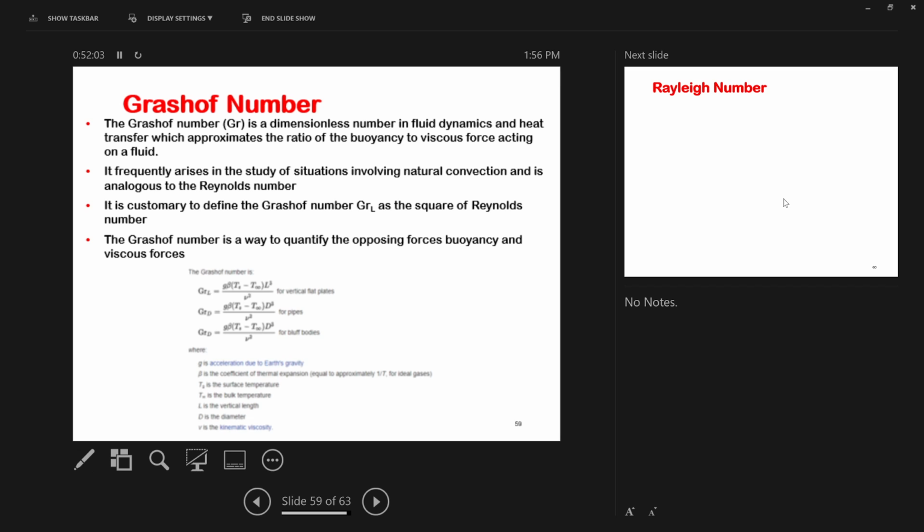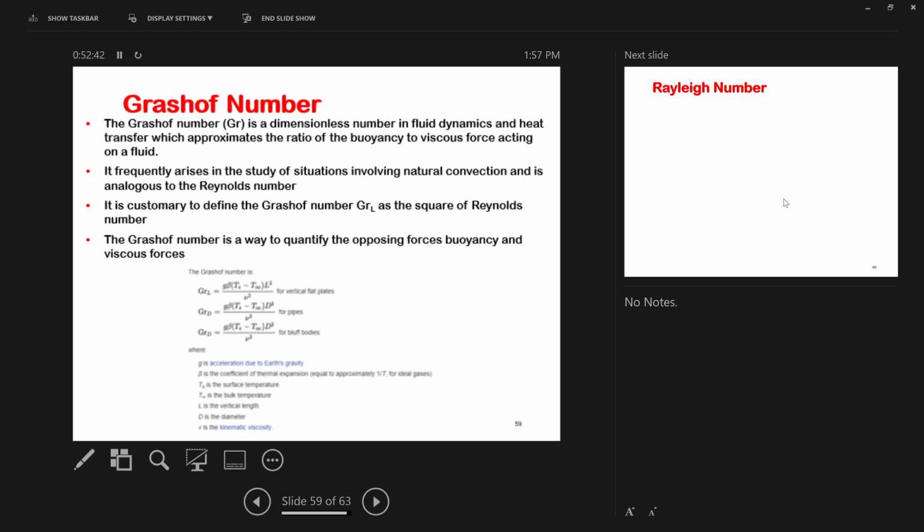But if you are dealing with a sphere or some sort of non-flat plate, a circular plate, you have to use d to the third over nu squared, kinematic viscosity, and any type of bluff body that is not a flat plate, you use the same equation as the circular one. You just have to find an equivalent diameter. But our experiment is actually going to use a flat plate, so you don't need to worry about any of that.